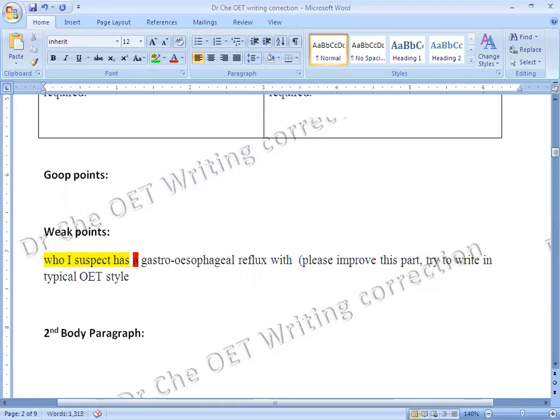The typical style: who has features suggestive of, like this. I have already explained in my first video. And we don't use articles with medical conditions.